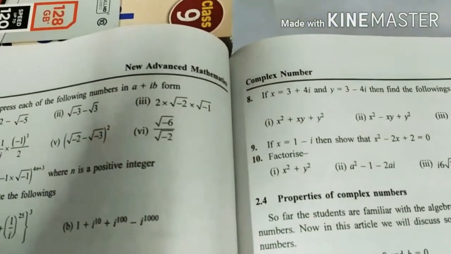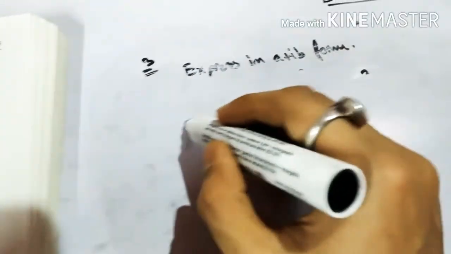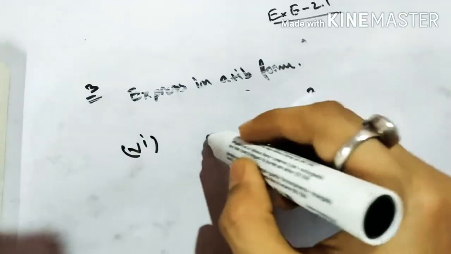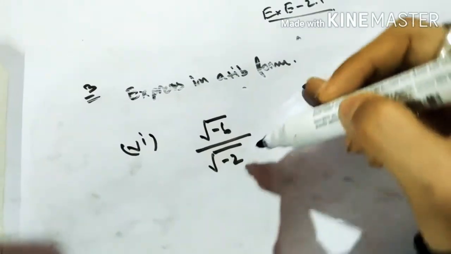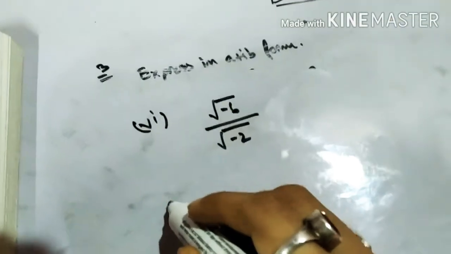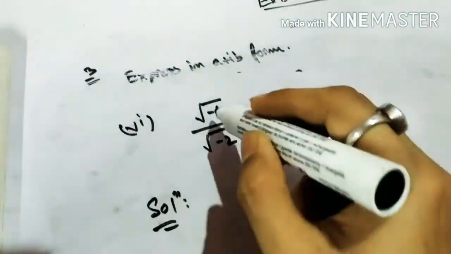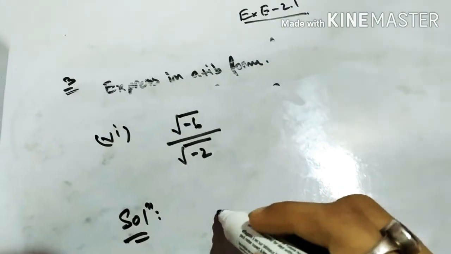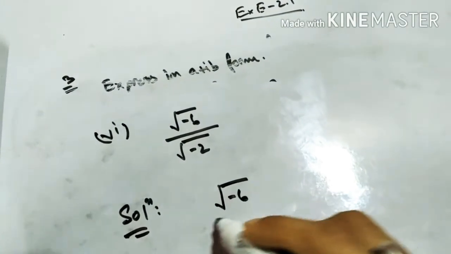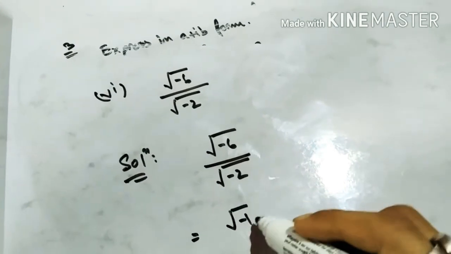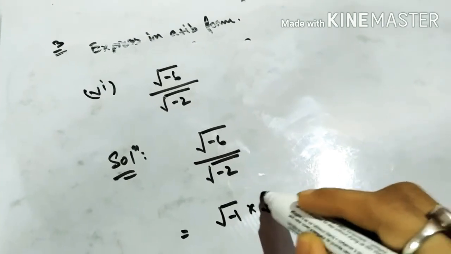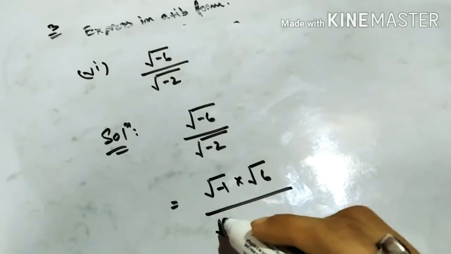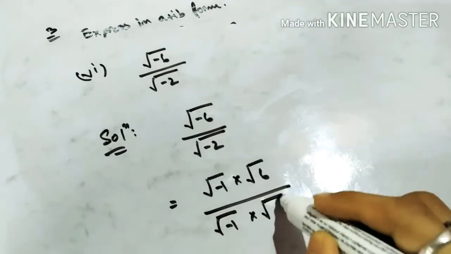Next again, question number 6. Root over minus 6 by root over minus 2. So this, root over minus 6 by root over minus 2, I can write as root over minus 1 into root over 6 by root over minus 1 into root over 2.